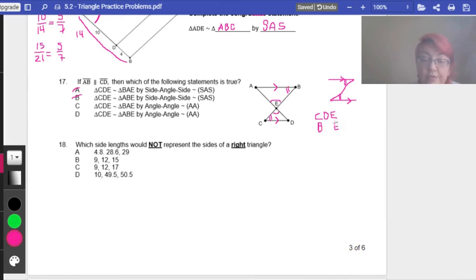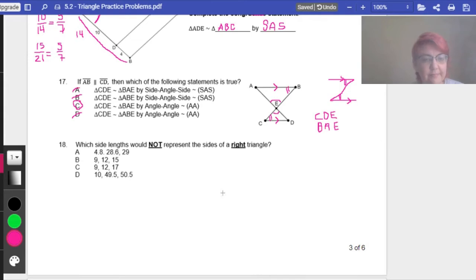Vertical angles, also reflexivity. And that leaves D and A as congruent. So I'm looking for BAE being similar to CDE by angle, angle.